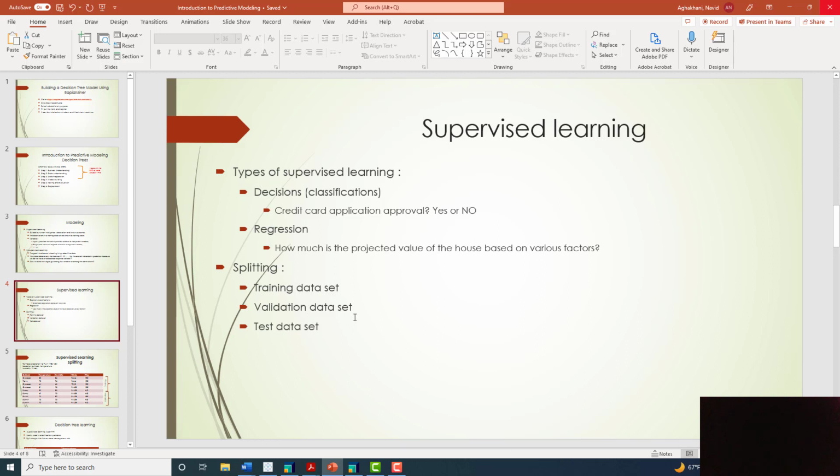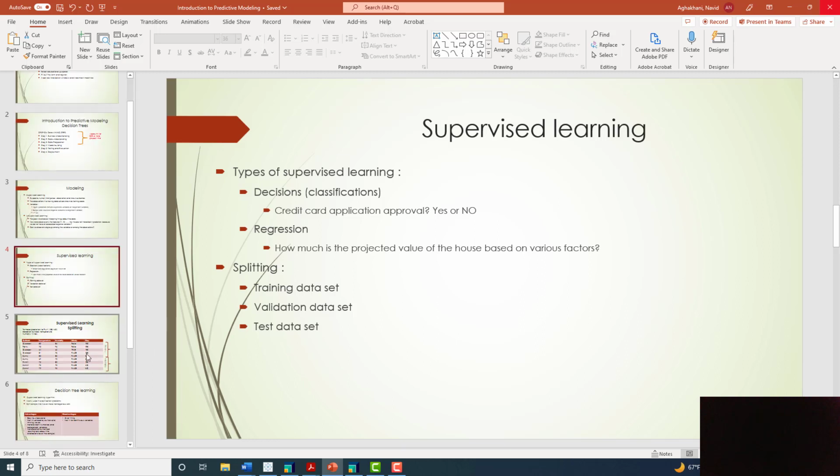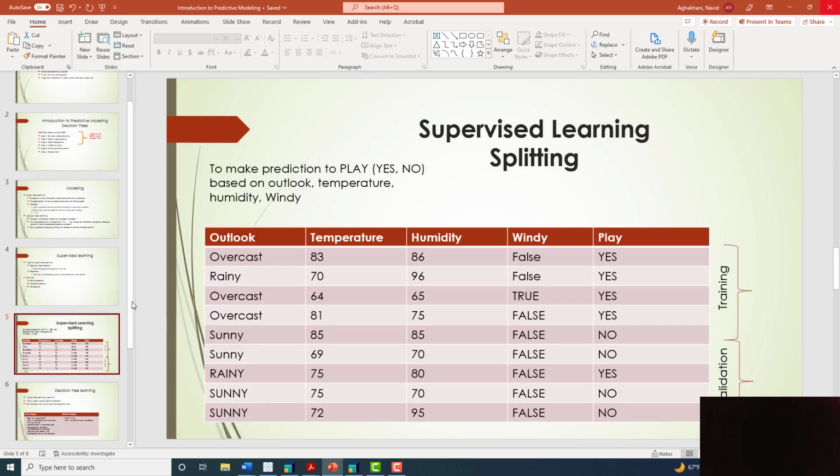In the validation data set, we already have the label data and we do have the projected value of the algorithm, right? And we can compare how well our model performs in the validation data set. So we are going to see an example of that in our demonstration. So this is just the broad idea of how the supervised learning splitting works.